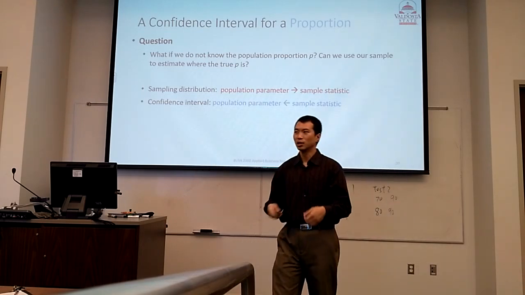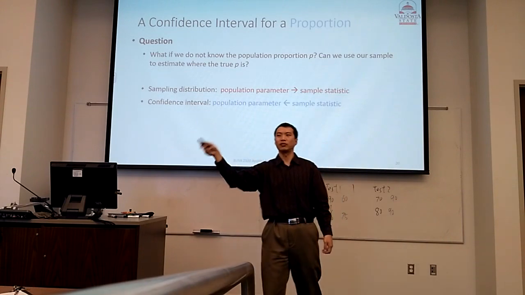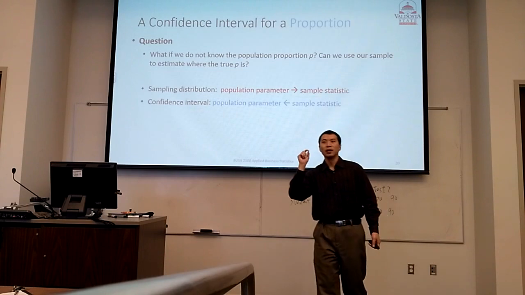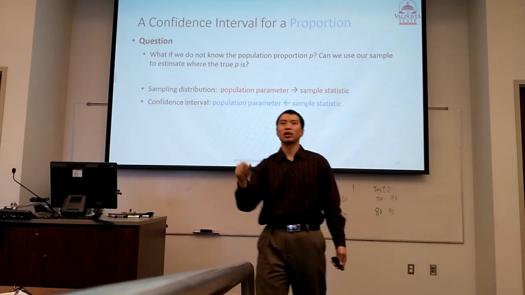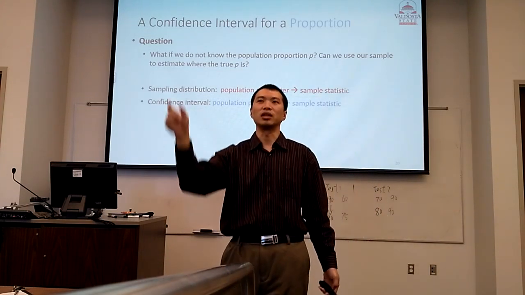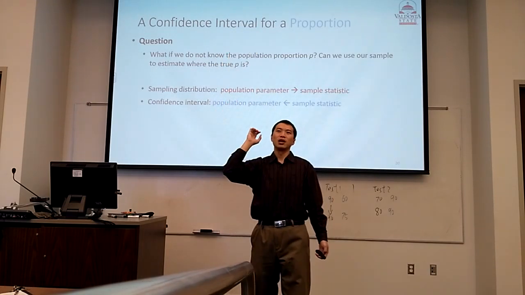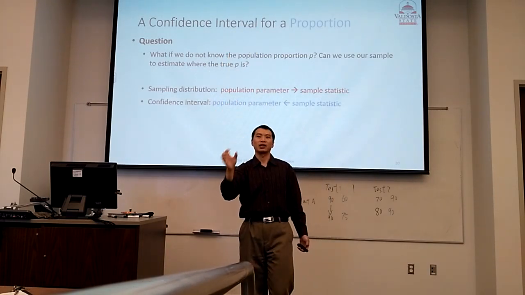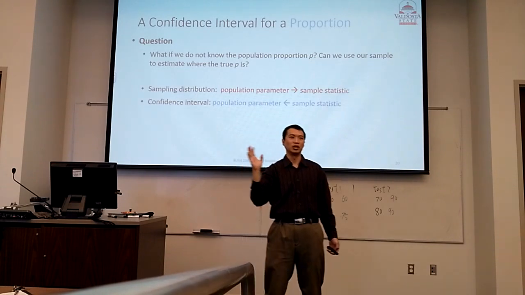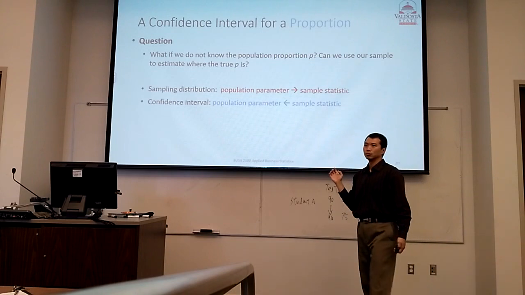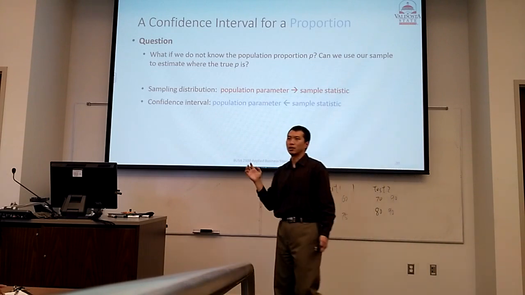Among this sample, 25% of the students are management majors. I want to use this number to estimate the proportion of management students in the whole class. Can I get an exact number for that population parameter? The answer is no.